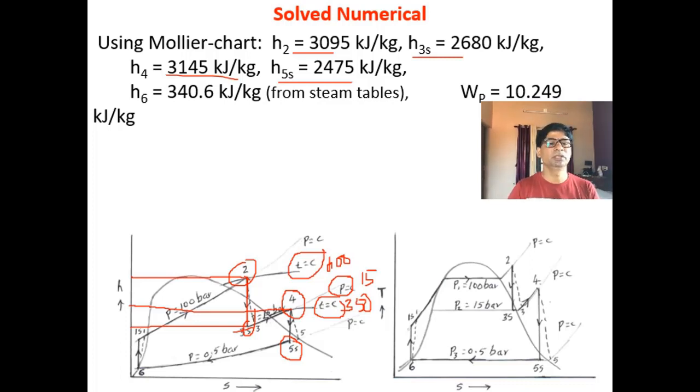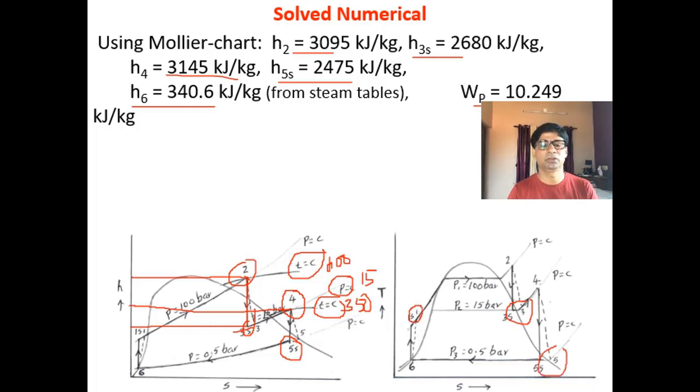The only thing is, H6 you have to get from the steam table. There is no other way to get it from the Mollier chart. So H6 is nothing but hf at 0.5 bar, and then using the specific volume and the pressure difference 100 minus 0.5, you have to find out the pump work as usual, 10.249 kilojoules per kg. And to find out the actual values, when the turbine efficiency and pump efficiency are given, to find H3, H5 and H1, you have to use the efficiency formula only.